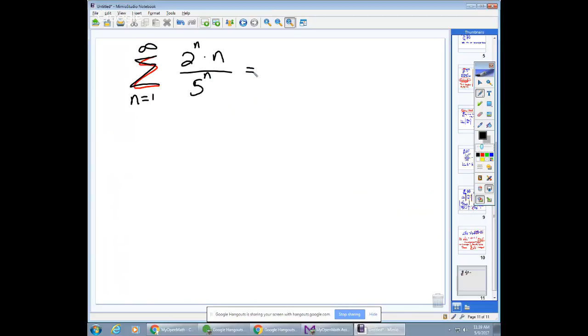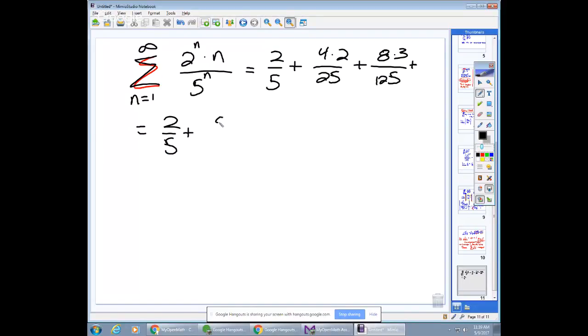Let's see. First term is 2/5. Second term is 4 times 2 over 25, 8/25. Third term is going to be what? 8 times 3 over 125. So let's see, 2/5 and 8/25 and 24 over 125.